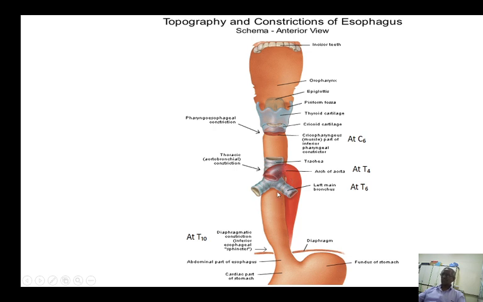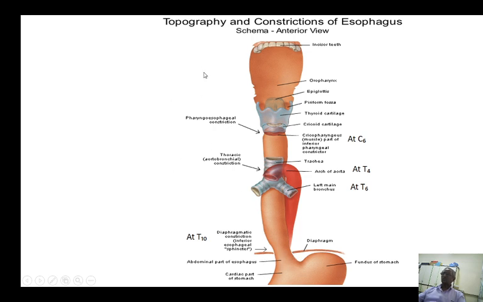Then below that is the left bronchus, giving a constriction at the level of the 6th thoracic vertebra. And finally, at the level of the 10th thoracic vertebra, where the esophagus is entering the abdomen through the diaphragm, there is one more constriction.